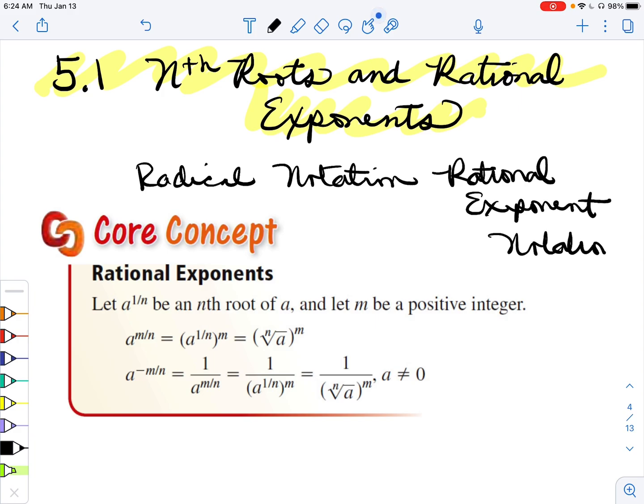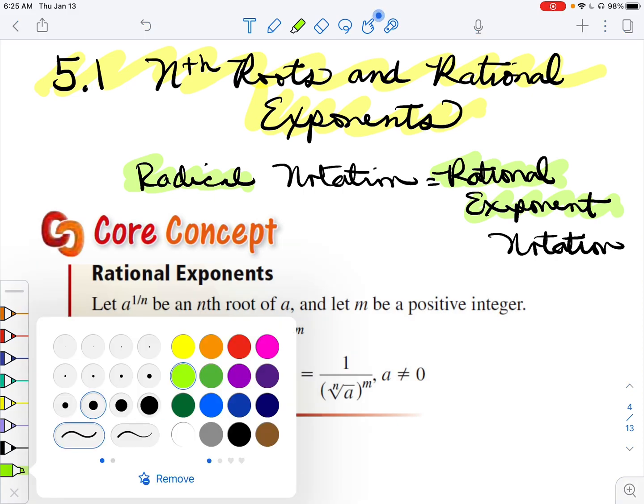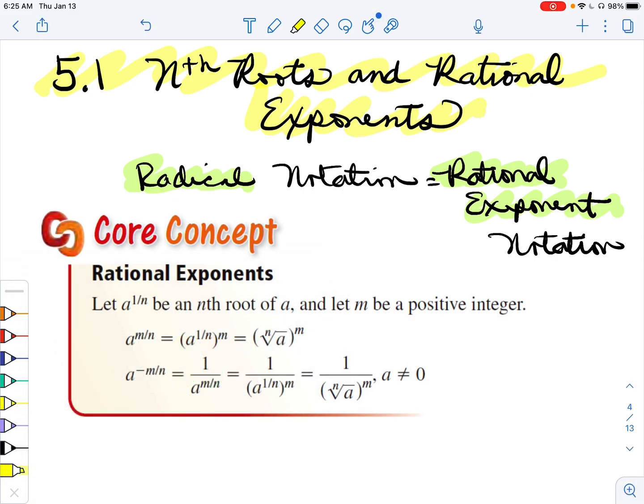So just like before in elementary school where you learned how to convert fractions to decimals and decimals to fractions, this is the same thing. We're going to convert radical notation to rational exponent. Okay, here, I reviewed it in the last video, is how to convert it.